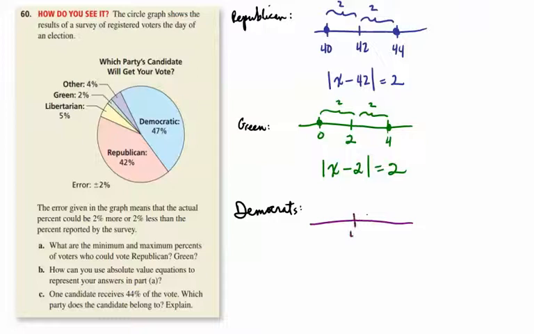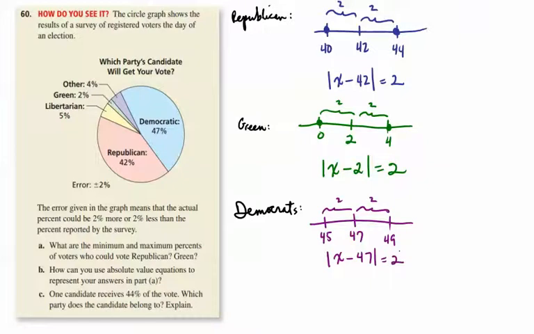Democrats have a center of 47 with a percent error of 2, so it could go down to 45, could go up to 49 with our distance of 2, and the equation for the Democrats would be absolute value of x minus 47 is equal to 2.